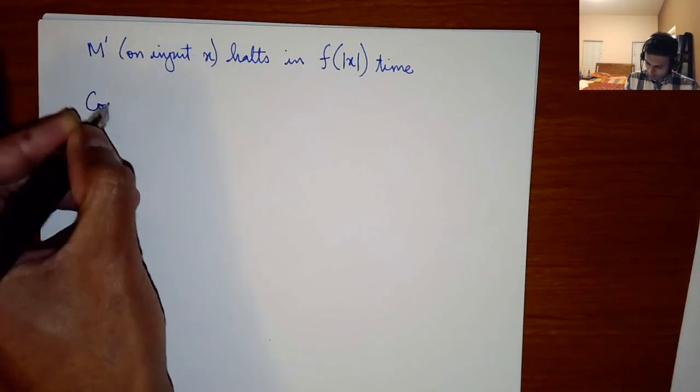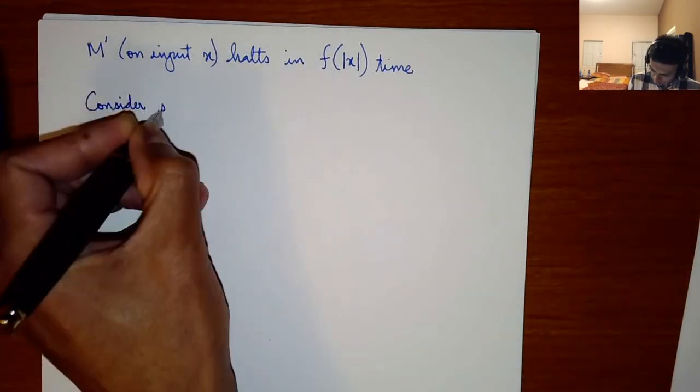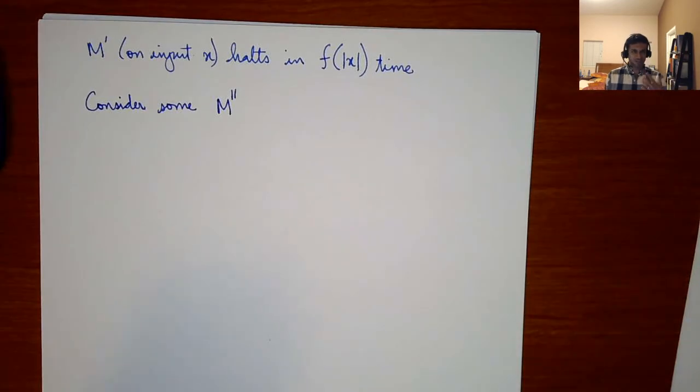Now consider some M double prime, and we're going to see this is like a technicality, and we'll walk through this. Consider some M double prime.